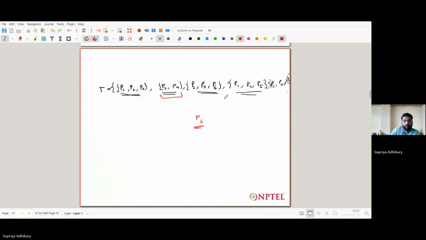Now if we take these two, then we have only P1 missing. So anyway, you get the point.